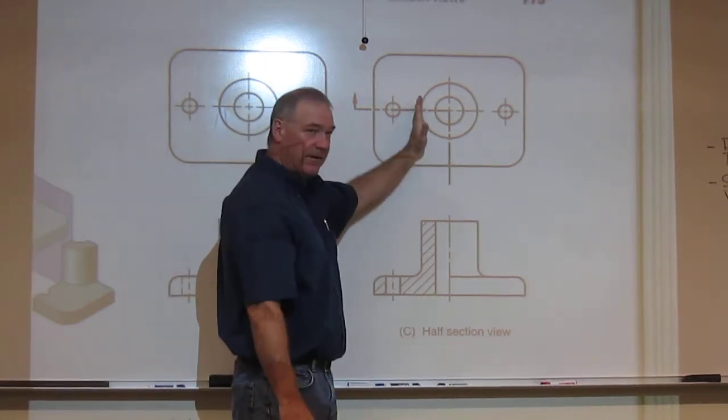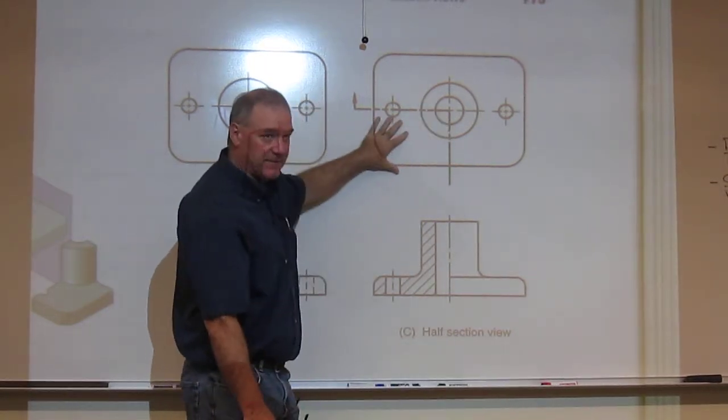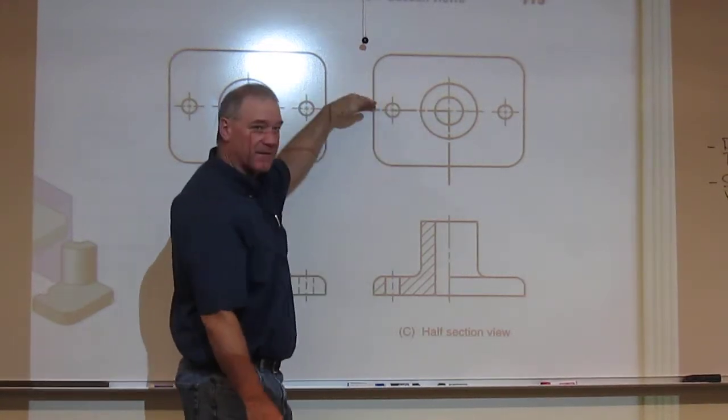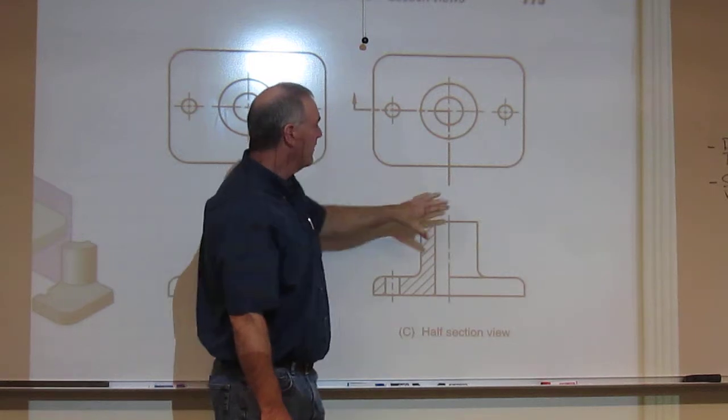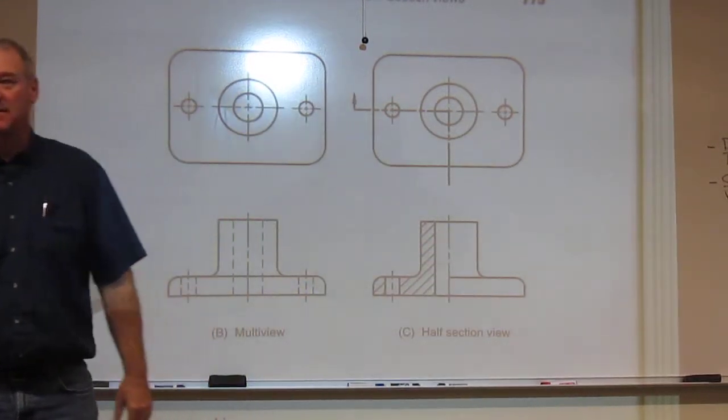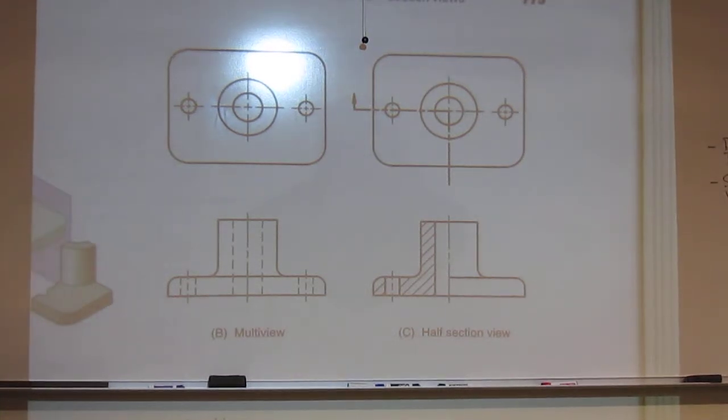We're looking this way. We're going to throw a quarter of the object away, this quarter. We will section view from the center out. We will give the outline view in the other side. No hidden lines. As is shown in number C below. Any questions on this section? Works really good on circular objects.